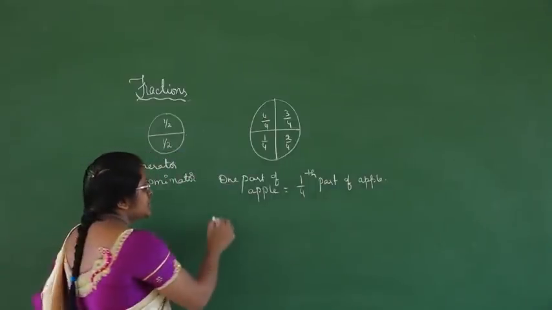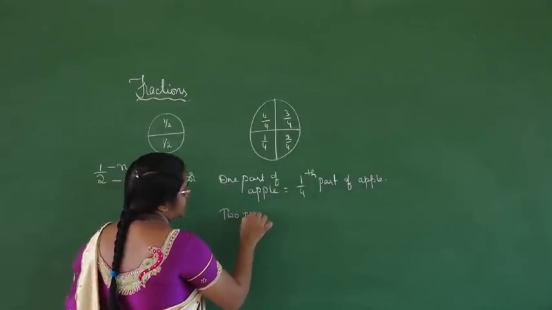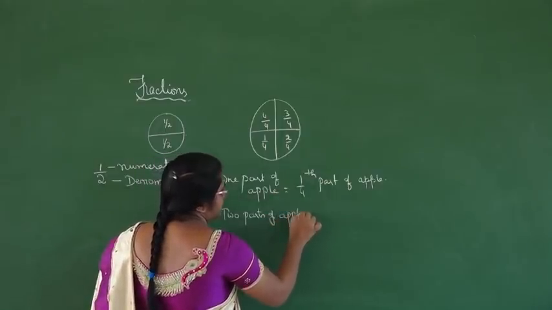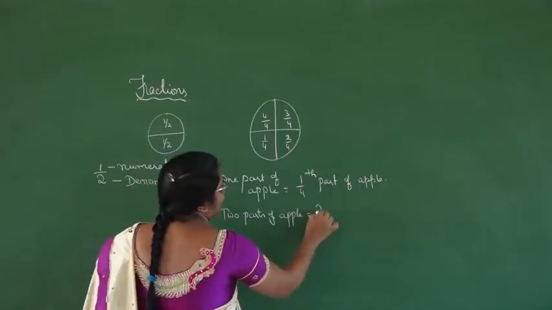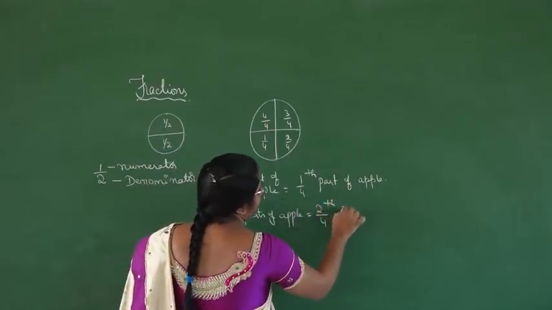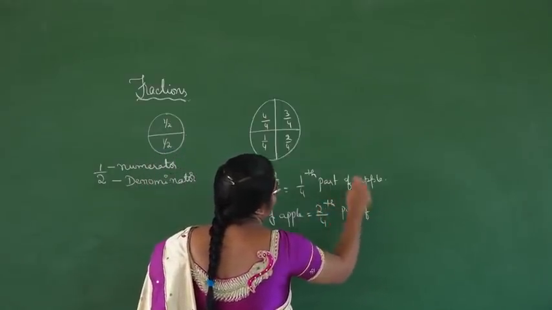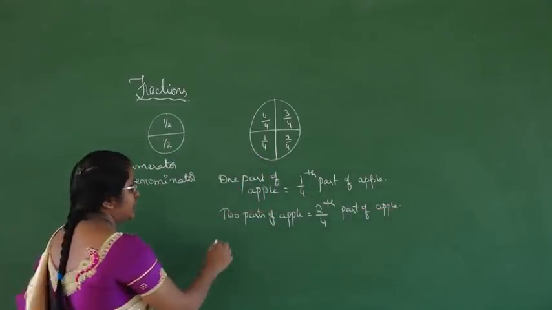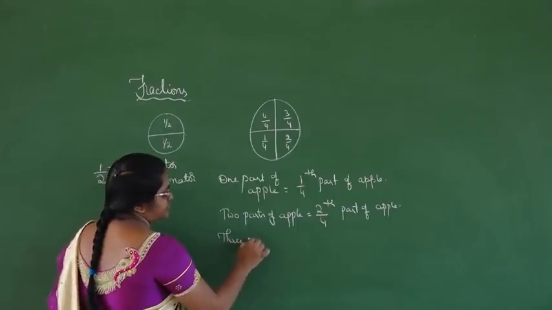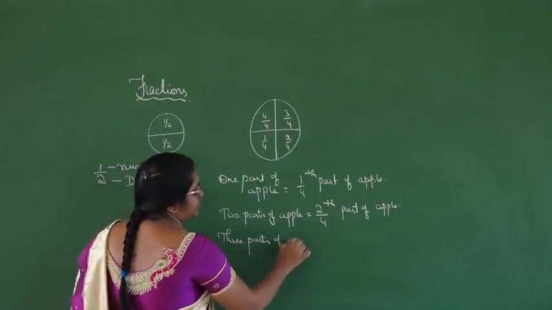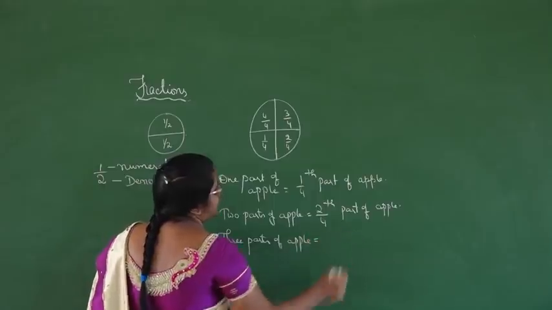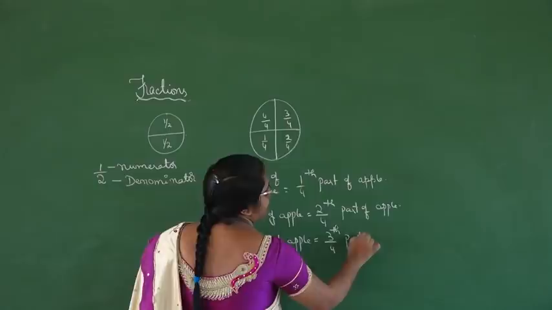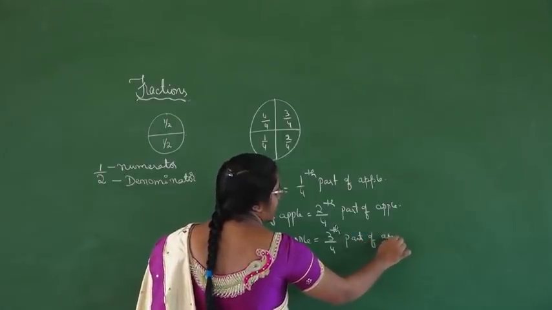Next one, 2 parts of the apple is equal to 2 by 4 part of this unit or apple. Next one, 3 parts of the apple is equal to 3 by 4 part of the apple or unit.